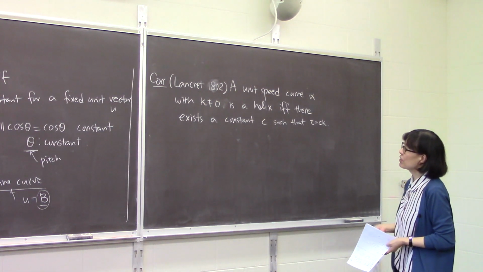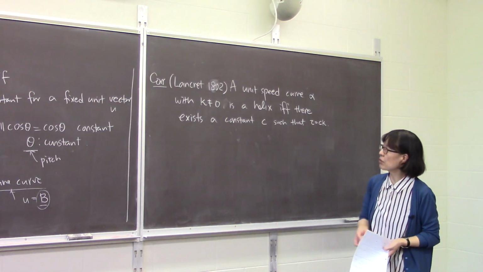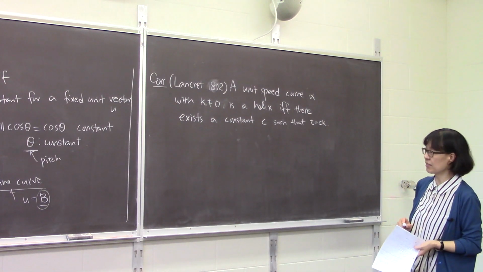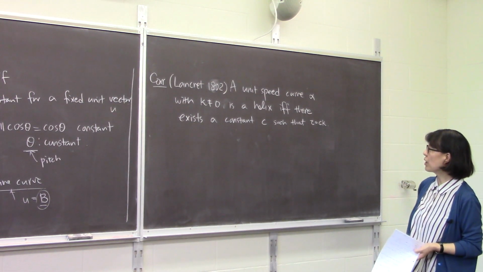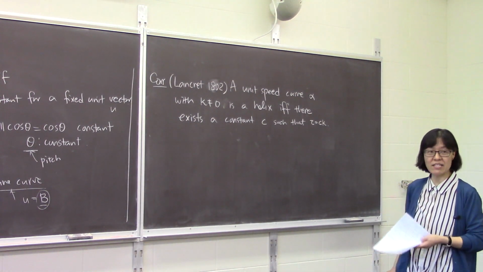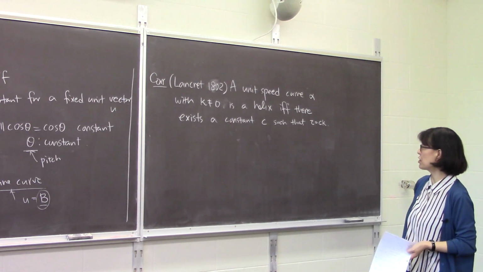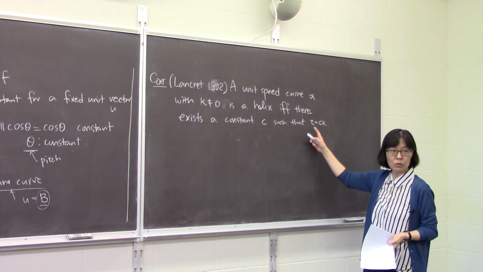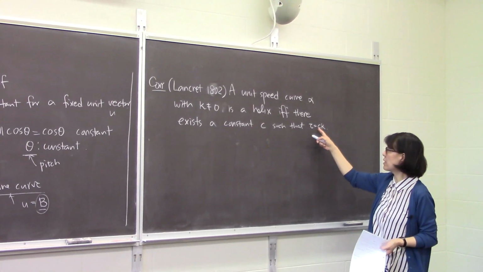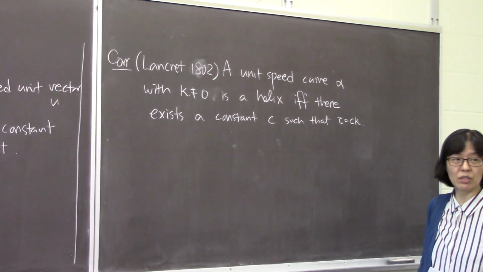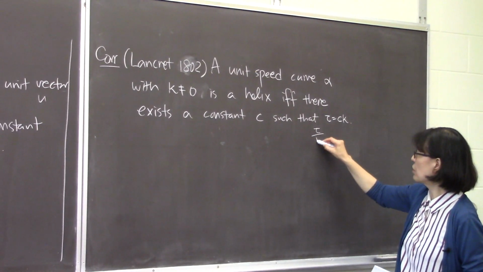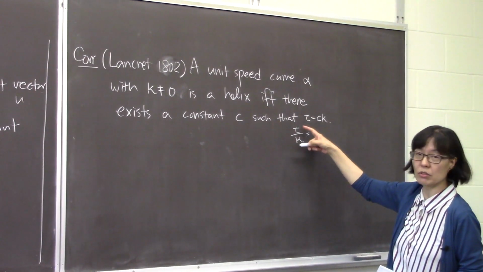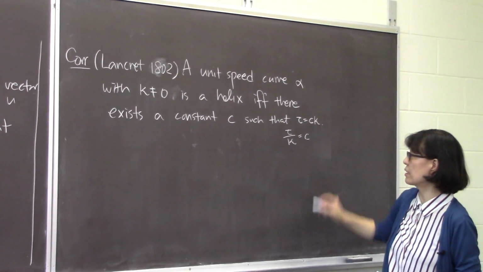Okay, so this one: a unit speed curve alpha with non-zero curvature is a helix if and only if there exists a constant such that the torsion is that constant times the curvature, which means the ratio of the torsion to the curvature is constant.